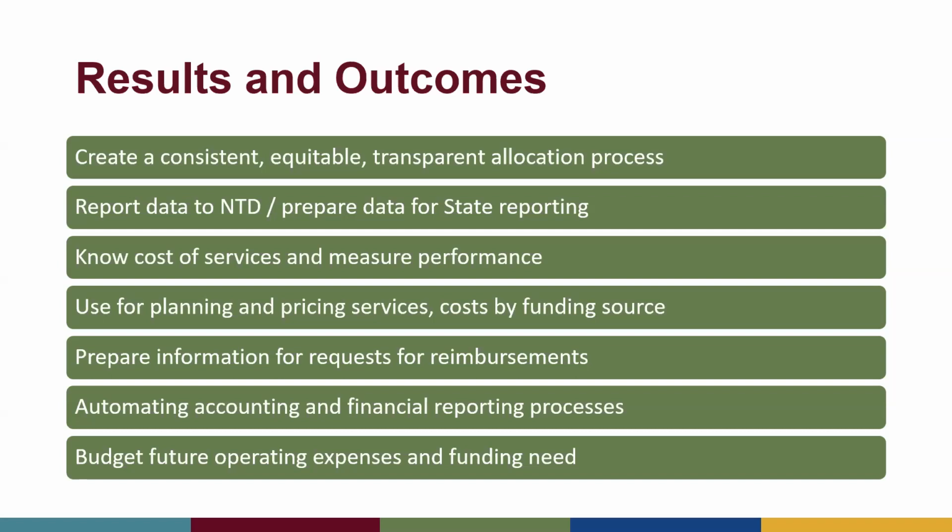You can take that a step further with accounting and financial information, requests for reimbursement, and also being able to budget for anticipated future expenses and costs for the routes or services, particularly now with the updates with historical information for each route or service. You can see what the cost of that route is over time, and then better anticipate those expenses that you're going to experience.